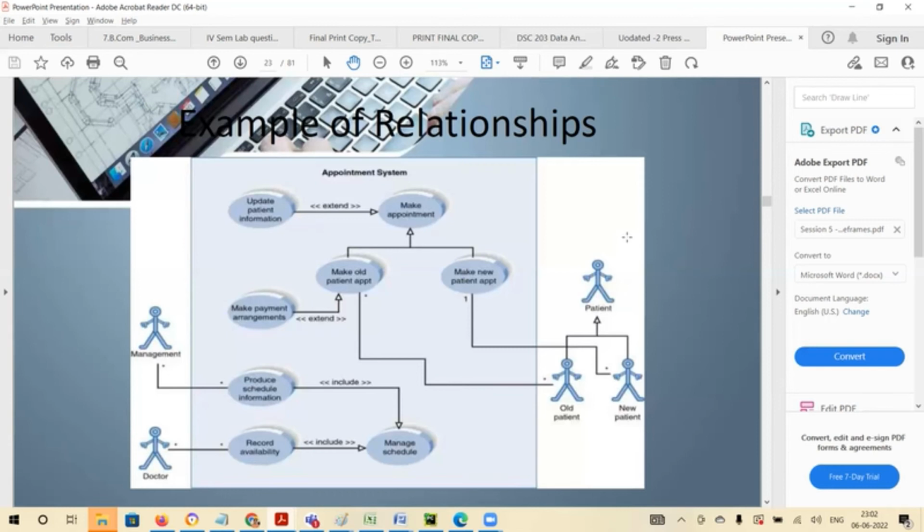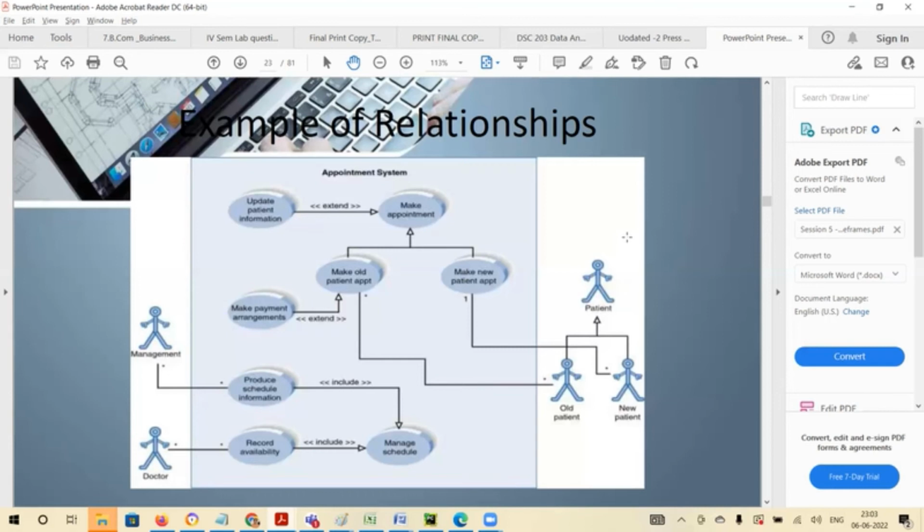So this is like produce schedule information. You see at the bottom, whenever you call produce schedule information, manage schedule will always be called. Record availability: when the doctor is recording the availability, it is always calling manage schedule. So the use case which is always called by another use case, we put as include. When it is called sometimes, not always, that's when you use extend.